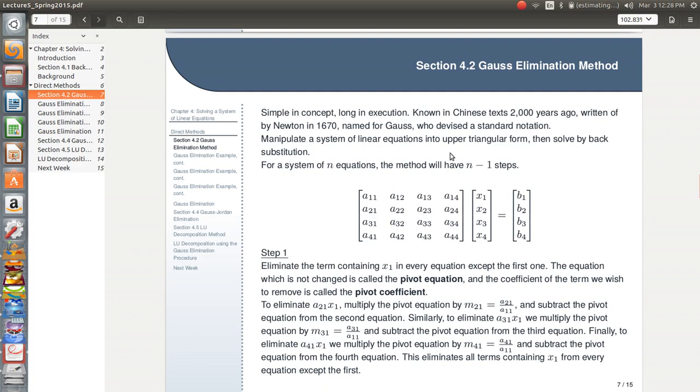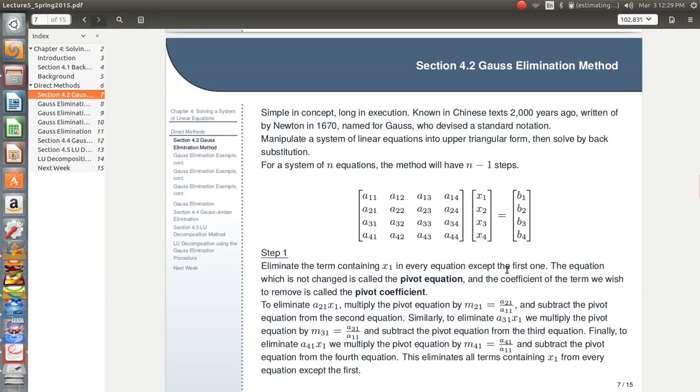In step 1, what we're going to try and do, and I'm not going to read through this whole thing because you can read it faster, is get rid of the term containing the x1 variable in every equation except for the first one. You can then imagine we'd get rid of the term for x2 in every equation after the second, x3 in every equation after the third, and so on.